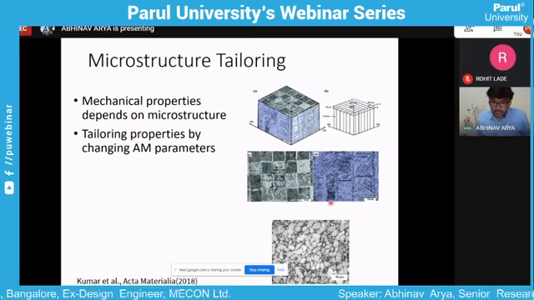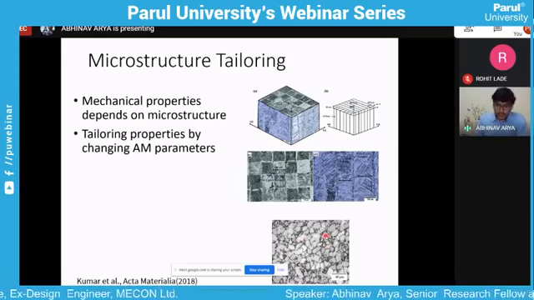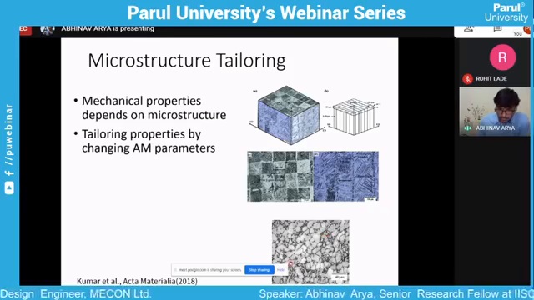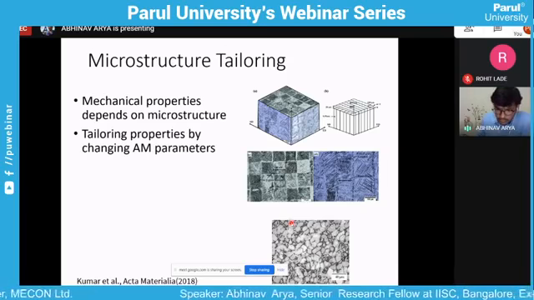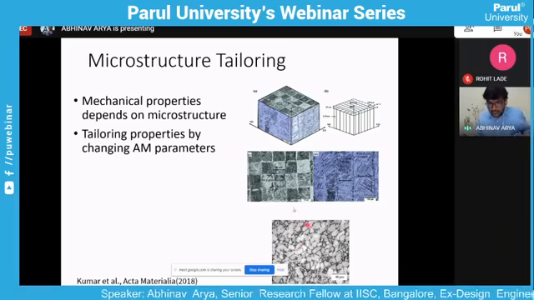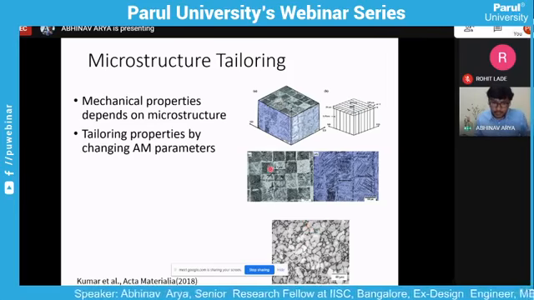This is the microstructure of a conventionally produced alloy, Ti64, which is readily used in the aerospace industry. You can see it has a microstructure like this, but here is the same alloy which is 3D printed.